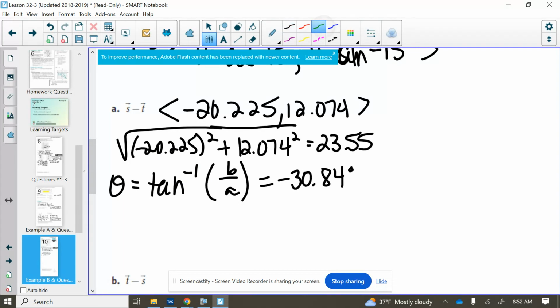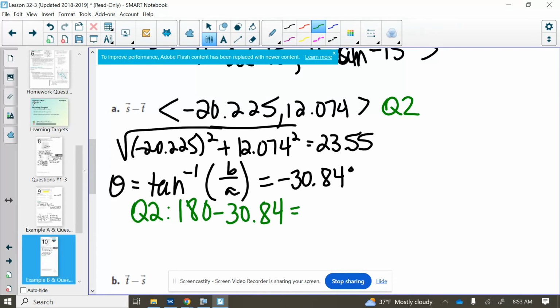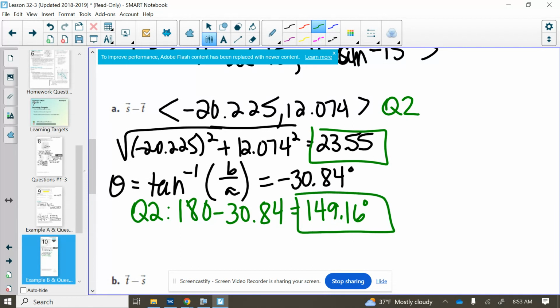Okay, but we want to think about, if this is my component form, I went left and up, so that's really a quadrant 2 value. So really my theta is going to reside in quadrant 2. 180 minus the 30.84 will give me that correct answer of 149.16. So our magnitude and our direction.